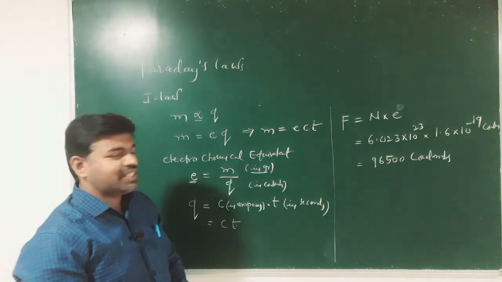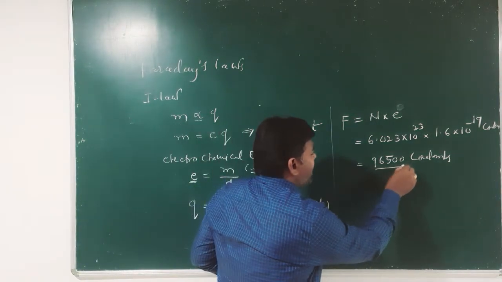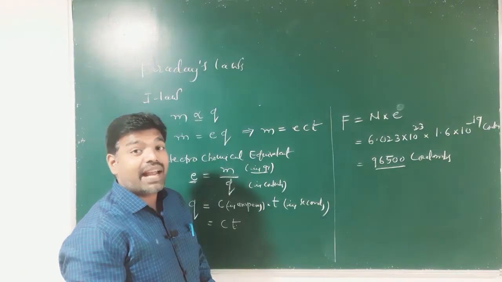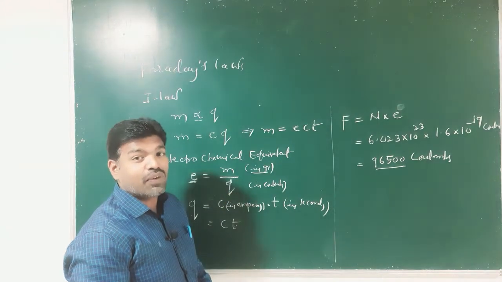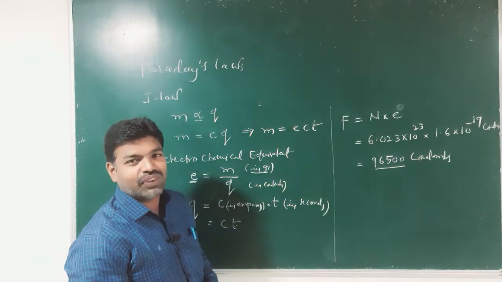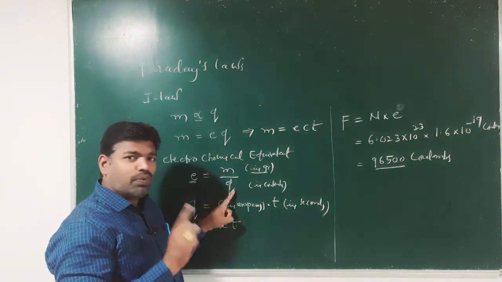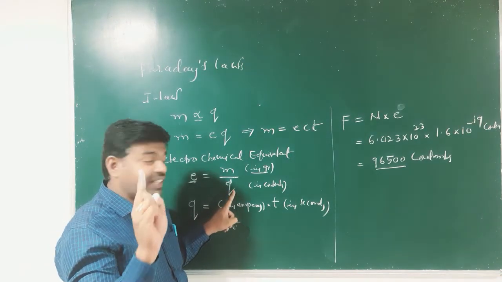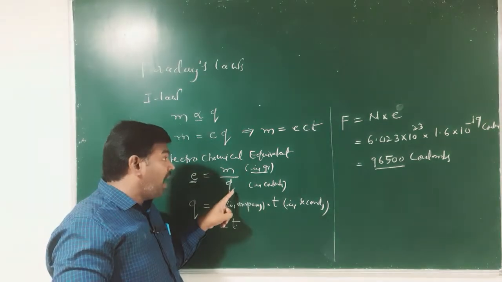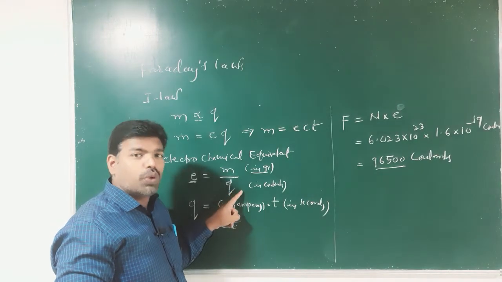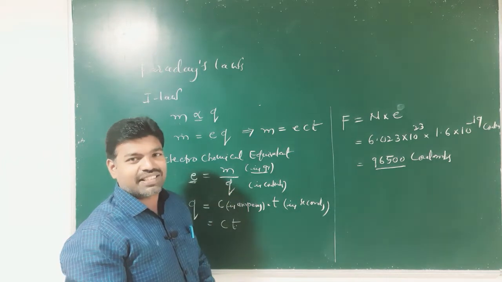So if we pass 96,500 coulombs during the electrolysis, we get 1 mole of substance. But if we pass 1 coulomb of electricity, we get the substance in grams. If we pass 96,500 coulombs during the electrolysis, that is 1 Faraday, we get 1 mole of substance.